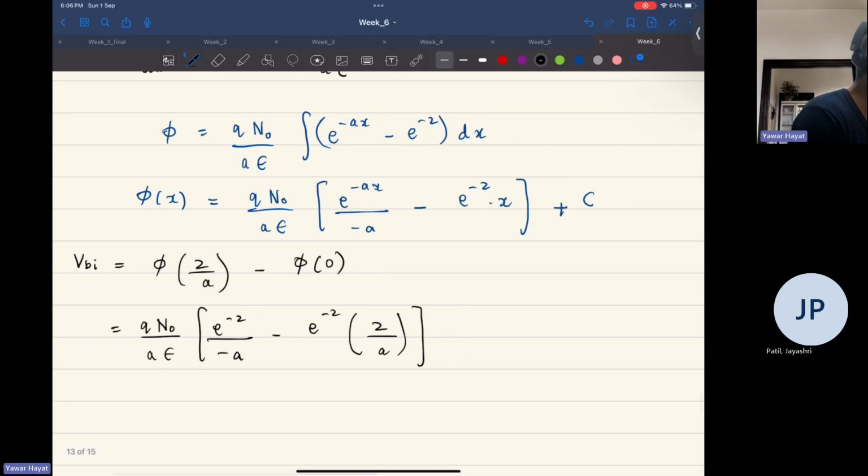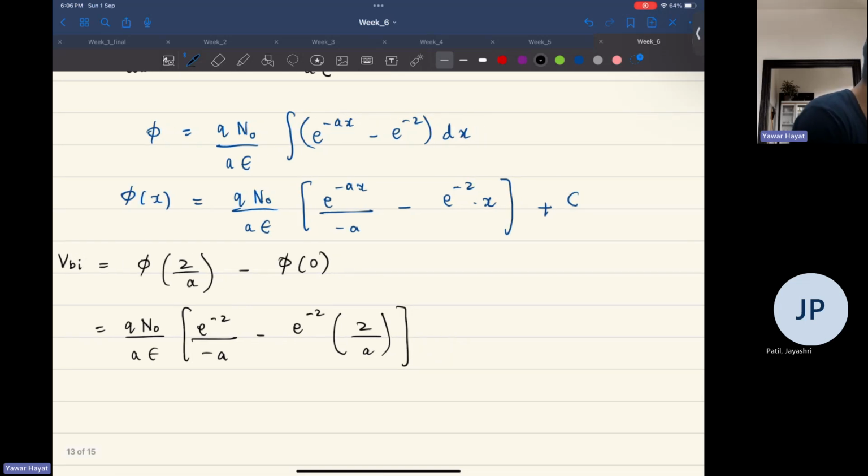This is your phi of 2 by a. And what about the phi of 0? That would be minus q n0 whole divided by a epsilon. When your x is 0, the second term would go, you will be left with minus 1 by a, right? This is what you will be left with.